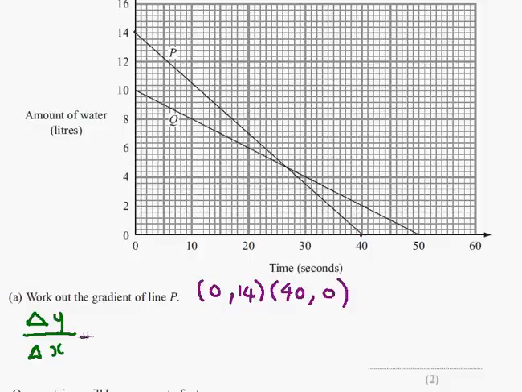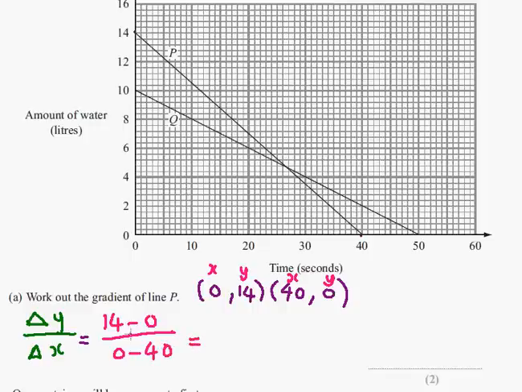Okay, so change in y then. So I'm going to start with 14 minus 0. In fact, I'm also going to write x and y here so I don't confuse myself. So start with the y first. So 14 minus 0. In that case, I'm going to have to do 0 minus 40.